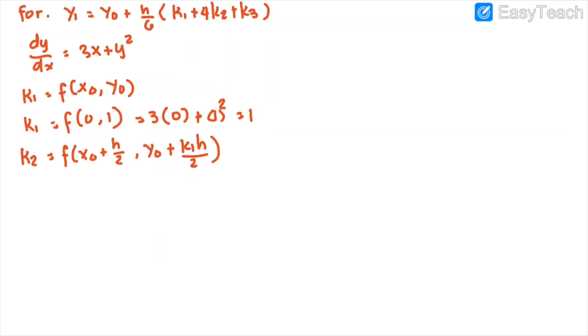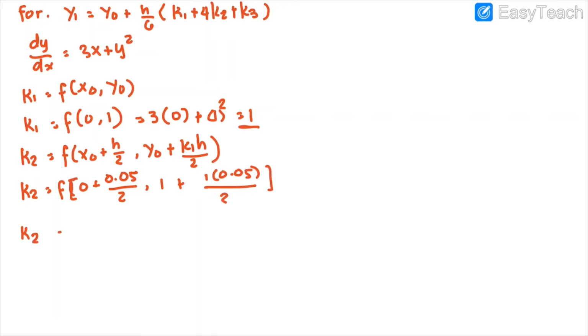Okay? Substitute, gives us f of x0, which is 0 plus 0.05 over 2, of y0 of 1 plus 1 times 0.05 all over 2. Okay, gives us k2 equal to f of 0.025 and 1.025.